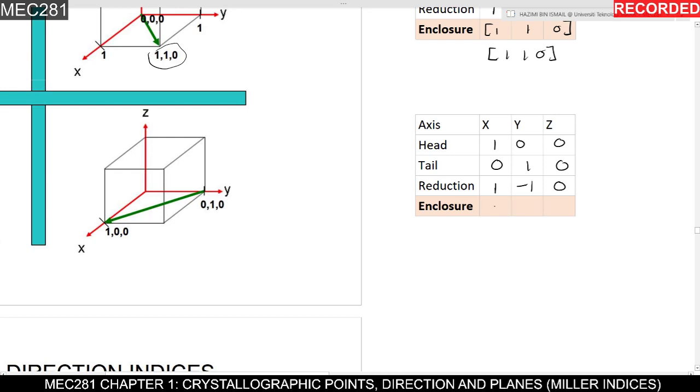So in the enclosure here, it will become 1, and the minus 1 is not a minus sign here. You must put the crossbar. Okay, and then this is 0. So the final enclosure is 1, 1 bar, and 0. Okay, so that is the final answer for the Miller indices of this direction.